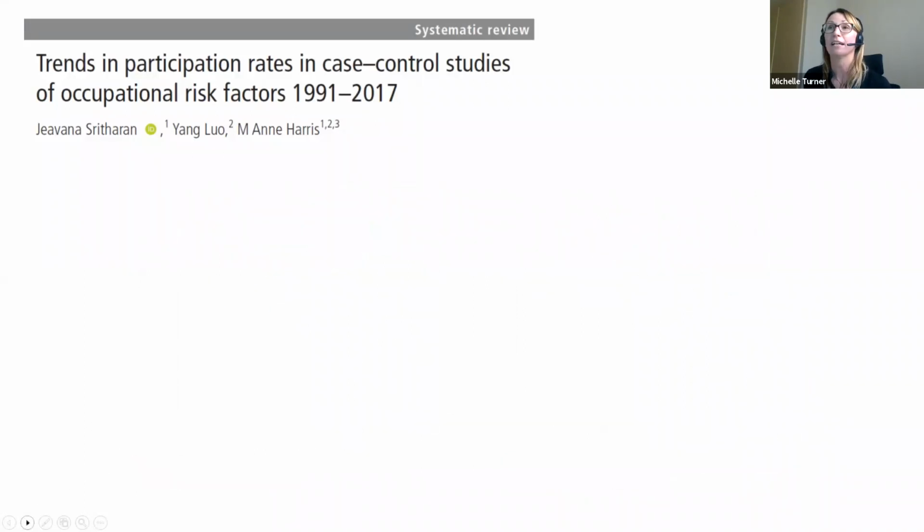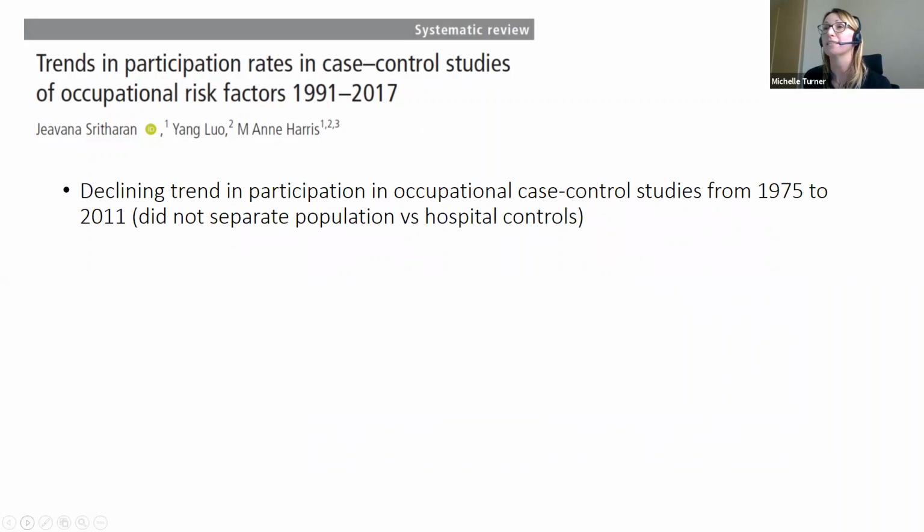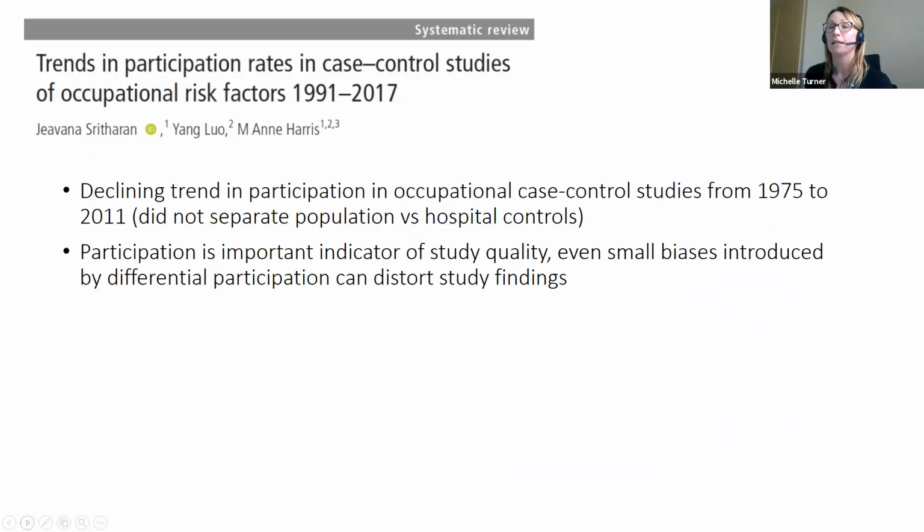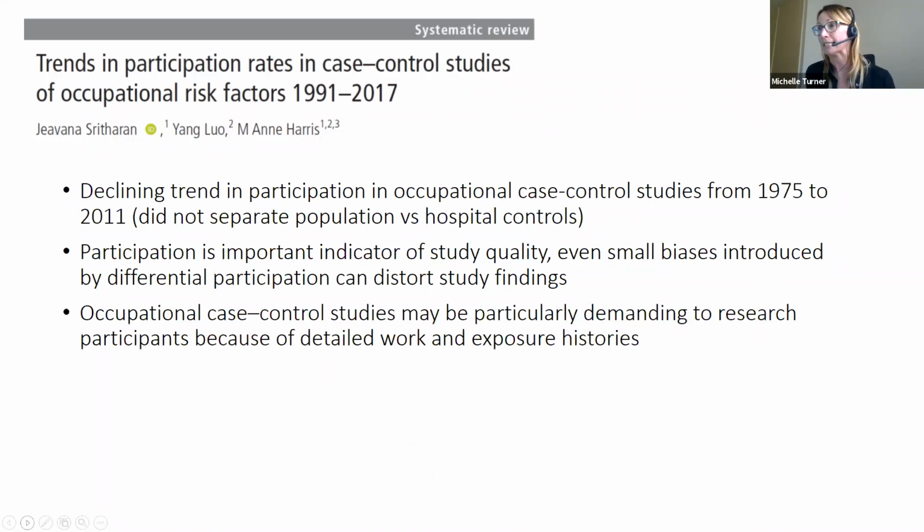So is this important to know? In this publication, they did not separate out population versus hospital controls in their analysis. But nevertheless, they note that participation is an important indicator of study quality. And as Neil showed on day one, even small biases can distort study findings.